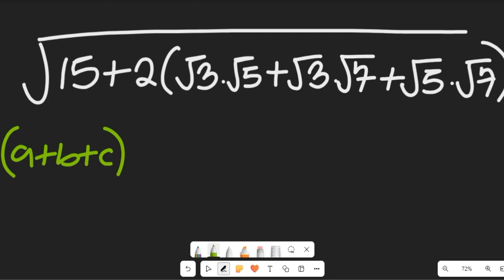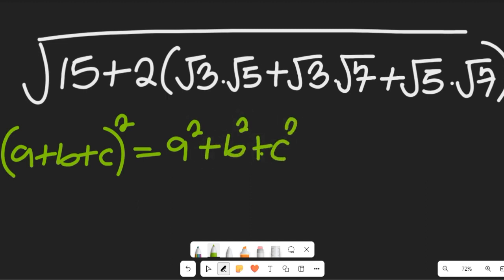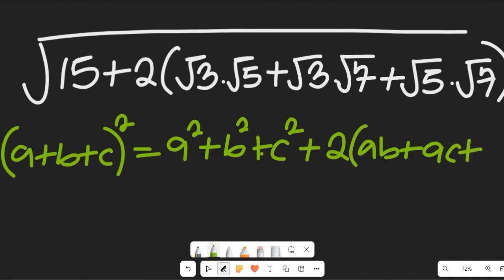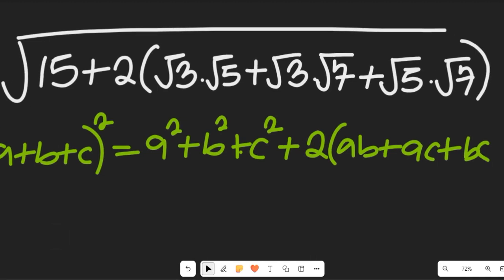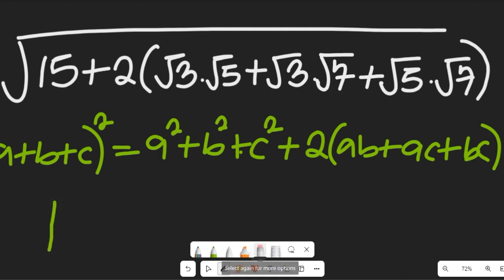We will have (a plus b plus c) squared, which is equal to a squared plus b squared plus c squared, plus 2 multiplied by (ab plus the first and the third plus the second and the third, bc), all in brackets.